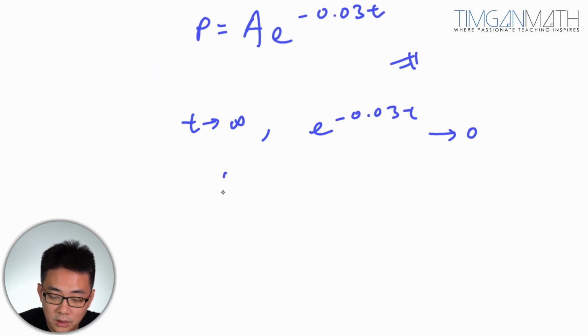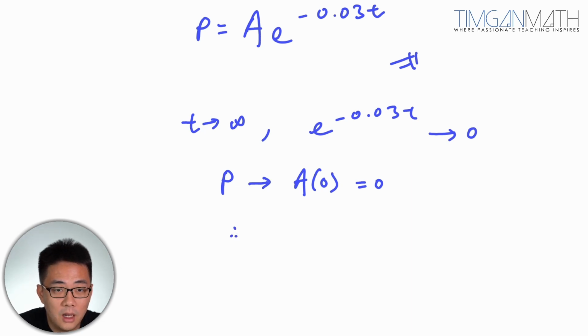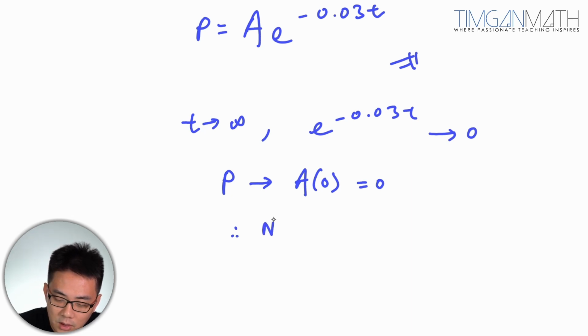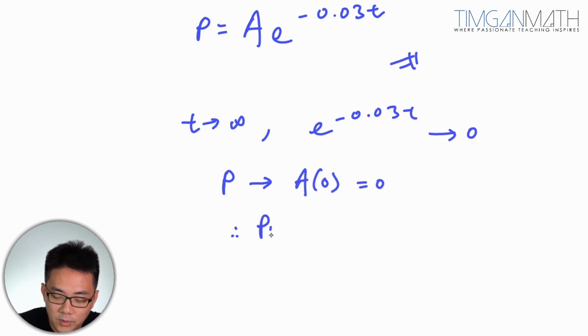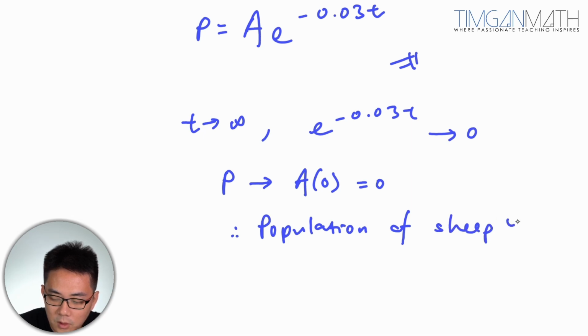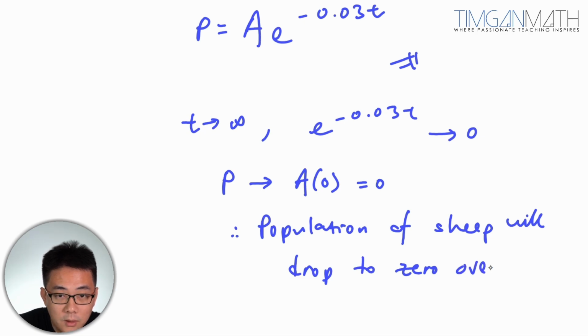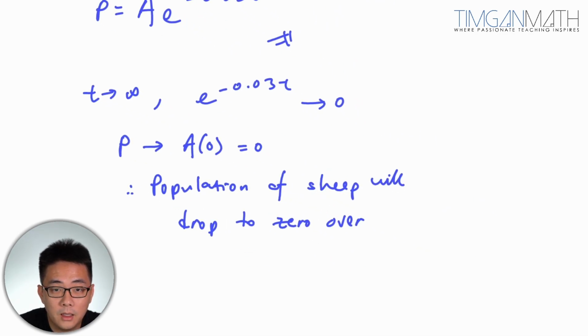So in other words, the population will tend to A times 0, which is 0. Hence, over many years, the population of sheep will drop to 0.